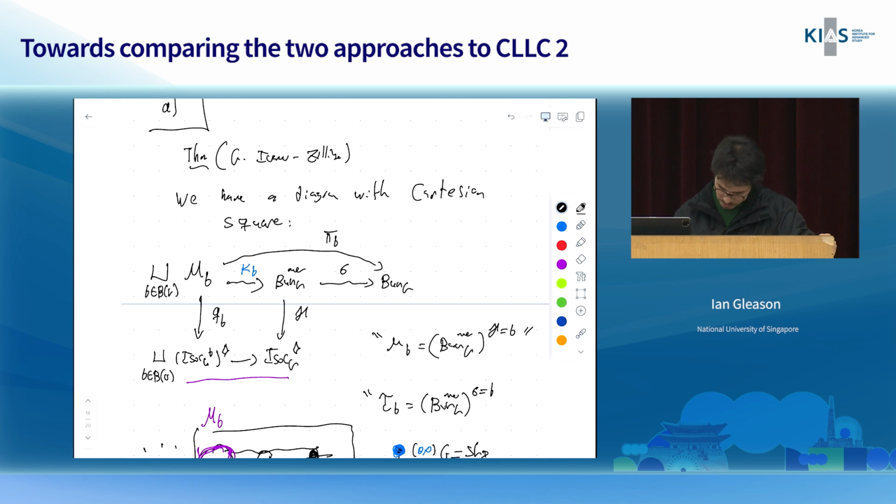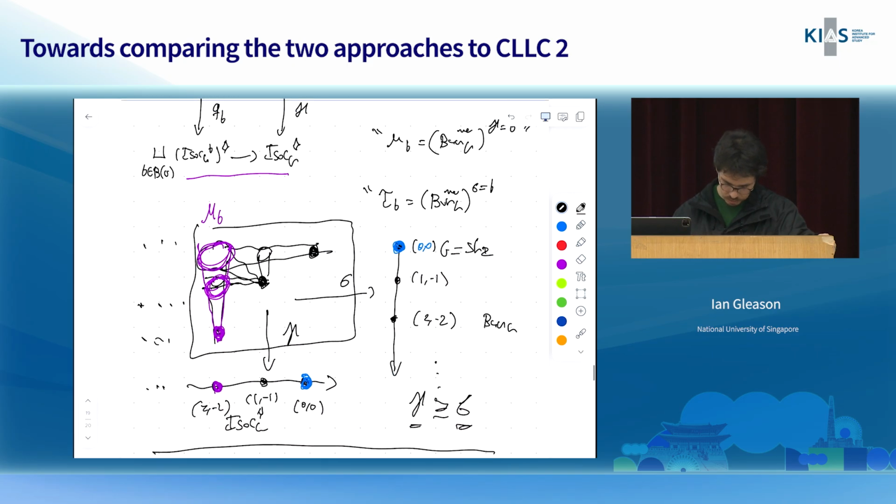K beta was this map over here, the inclusion of MB into Bun G mer. In the naive computation we were doing before, we had lower shriek, so it was easier, but now we have a lower star. So you're thinking that you have this purple piece and you're pushing it to Bun G mer, so the lower star of this purple piece contributes to this piece as well, whereas the lower shriek doesn't really spread over here.